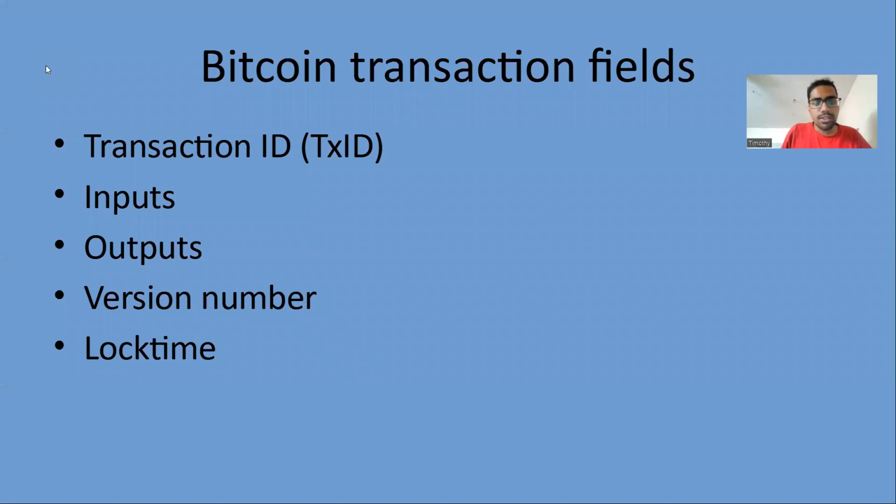So we saw transaction ID, we saw inputs, we saw outputs, and the version number, that is what version of the Bitcoin program it's running. Then lock time. Lock time is a limit on when this transaction can be redeemed.